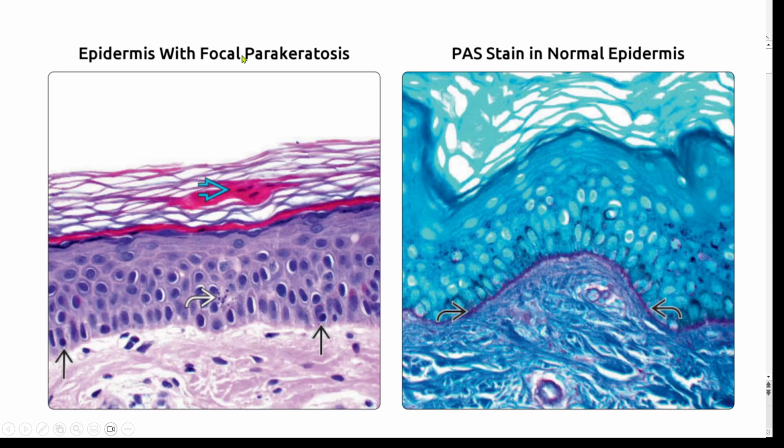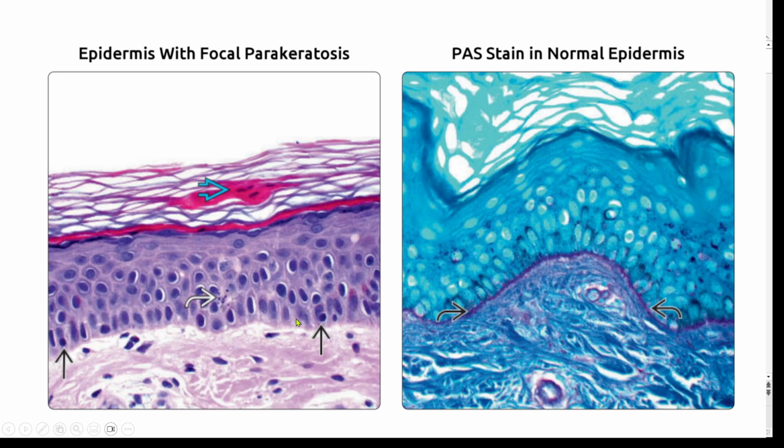We have this phenomenon called parakeratosis and other phenomena of the skin. Parakeratosis basically means that you have retention of the nuclei in the layers where they're not supposed to be, which is basically here the stratum corneum, the basket weave area.